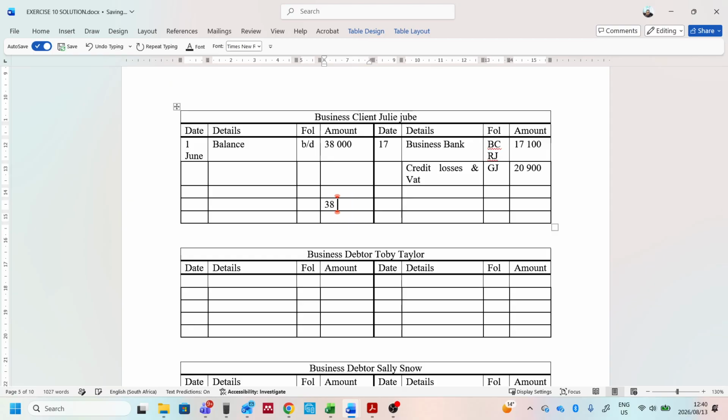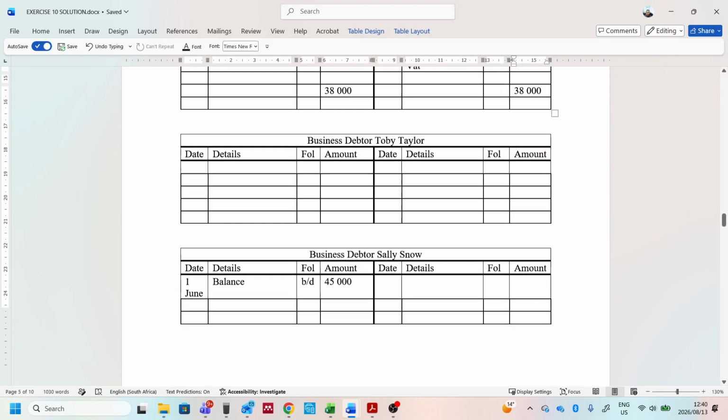They've got 38,000 this side, 38,000 this side. So this account is closed off. We don't need to write balance brought down, balance carried down because it's zero. You only write balance brought down, carried down if there is going to be an amount. If everything balanced on both sides, we say the account is closed off.